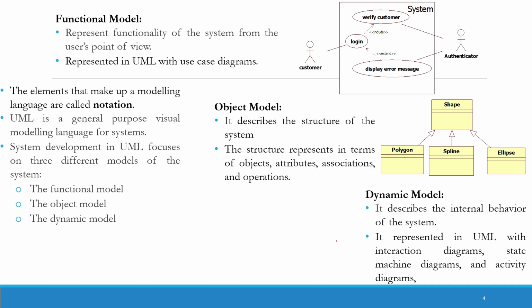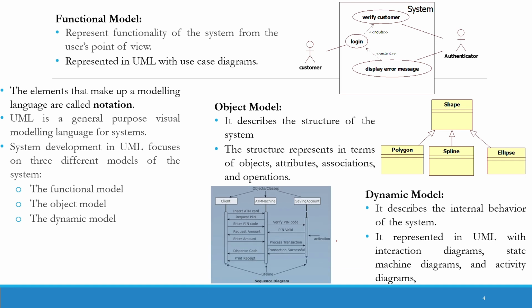Maybe the system will exchange different data, or exchange information from one component to the other, or the objects in the system will interact with each other. This interaction can be depicted by the dynamic model.